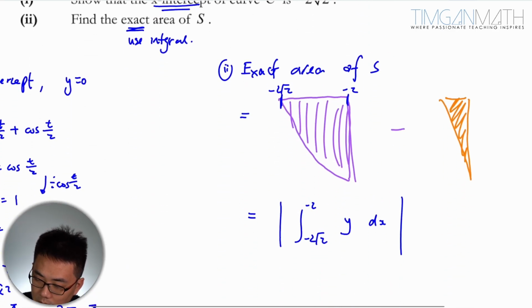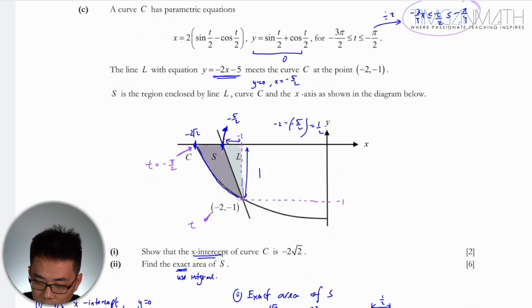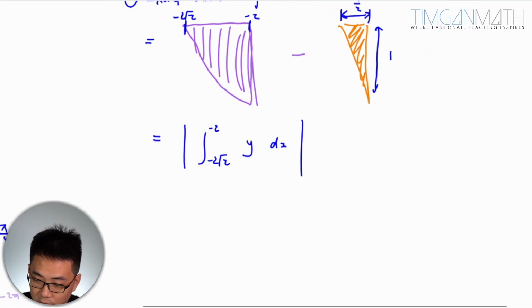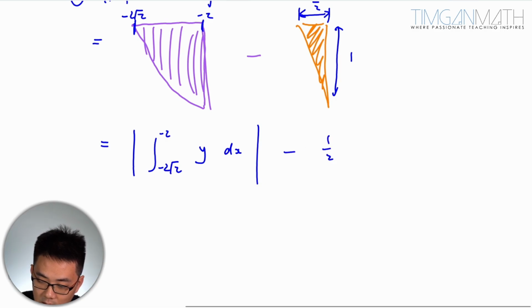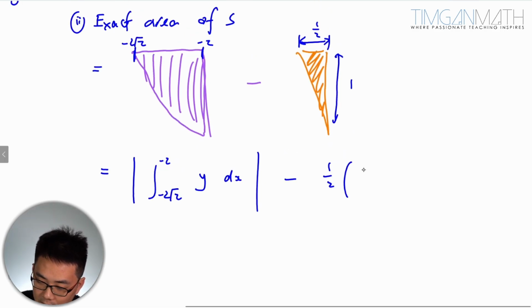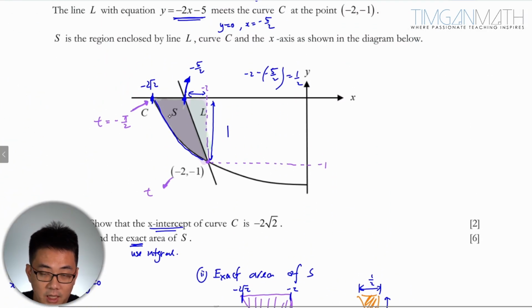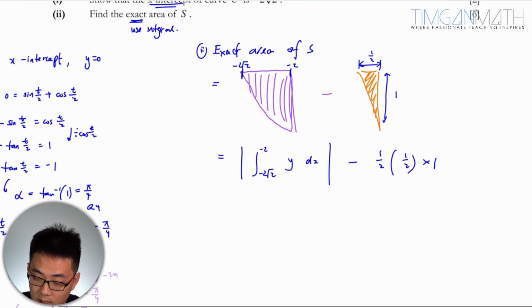So the length here is half. The height here is 1. Remember to mod this, because we use geometry to find this triangle. So this is just half times half times 1. If you're using integral, make sure that this area below is a negative area, so you should know to mod it.